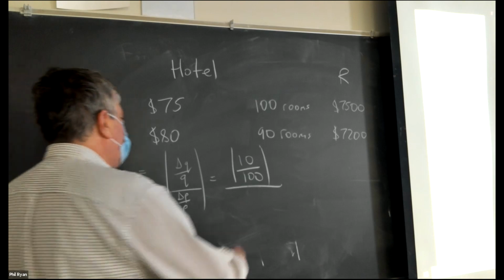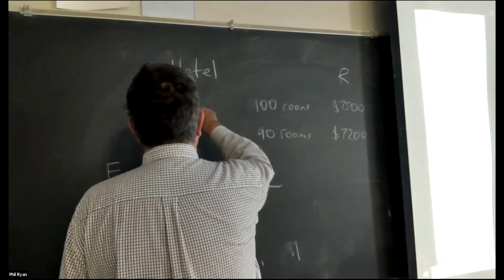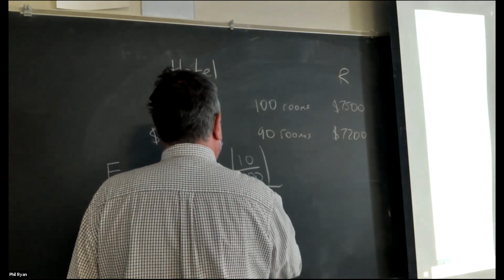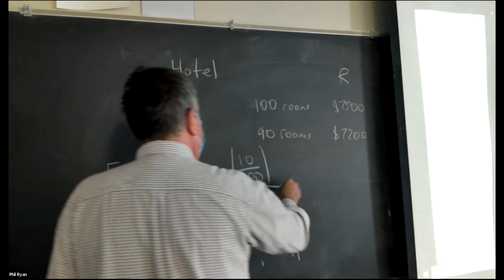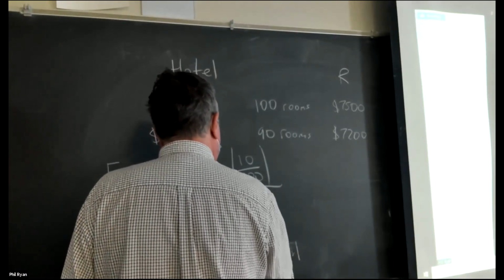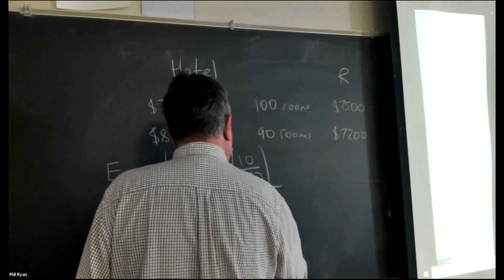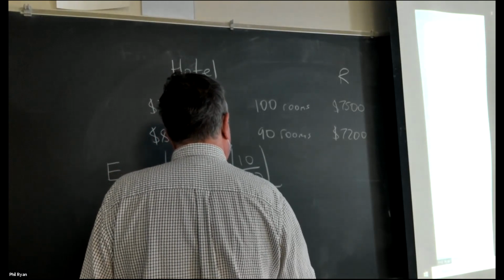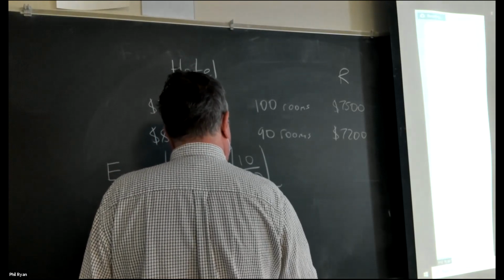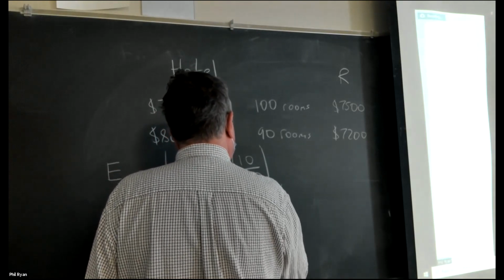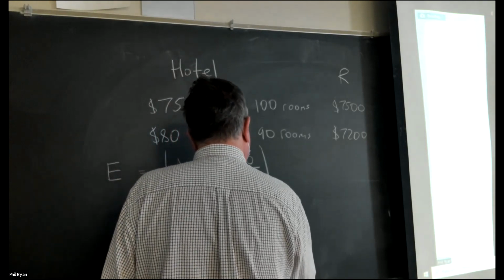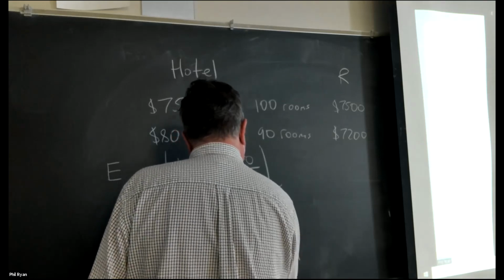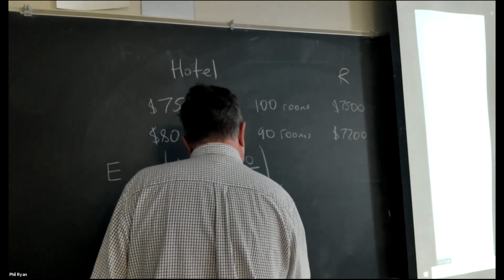How much did our price change? Our price changed $5 over 75. So 5 goes into 75 fifteen times, so it's 10 times 15, which is 1.5.